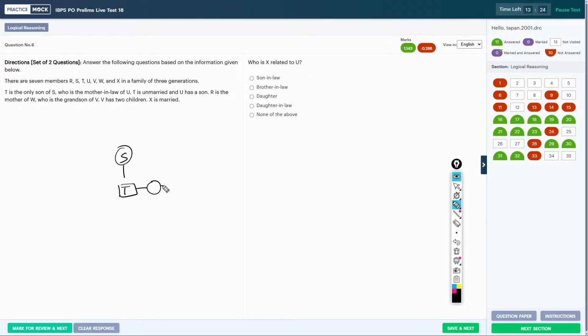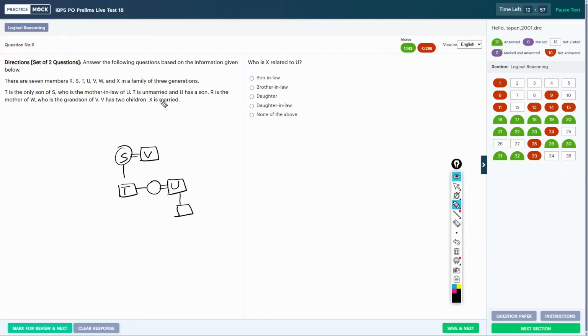So she must have a sister and U must have been that guy. T is unmarried and U has a son. R is mother of W, who is grandson of V. V has 2 children. X is unmarried. Okay, what about X? X is unmarried.